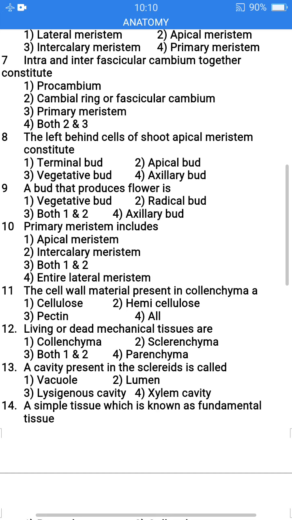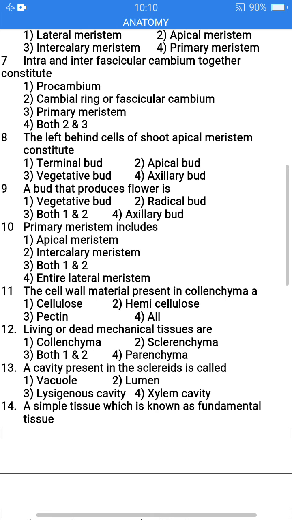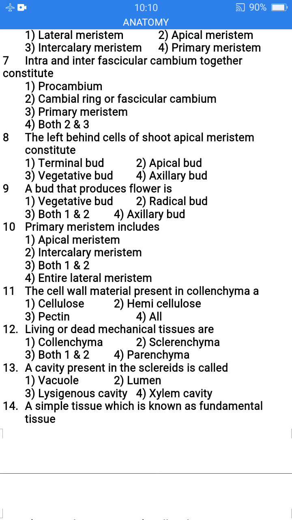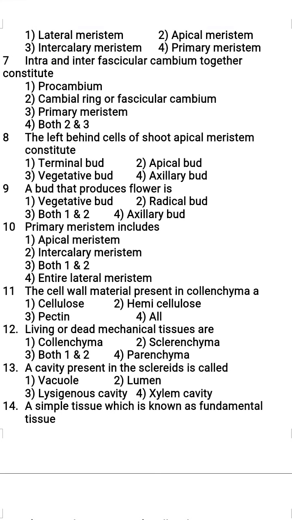So can you guess the answer, students? So the correct answer is none other than option 2 lumen. The simplest term for lumen is nothing but free space, right? So a cavity present in the sclereids is called lumen.